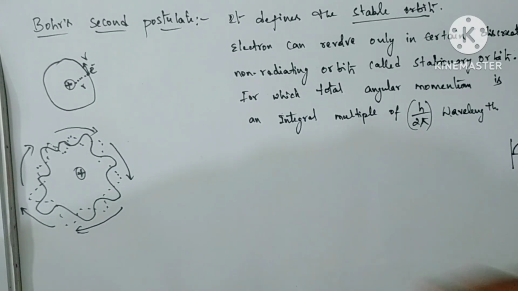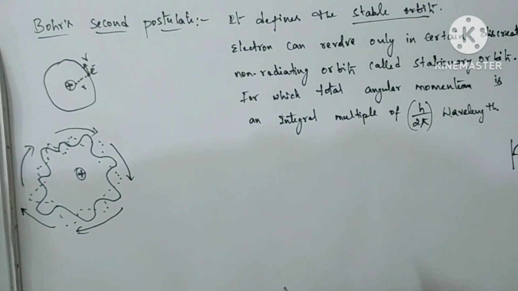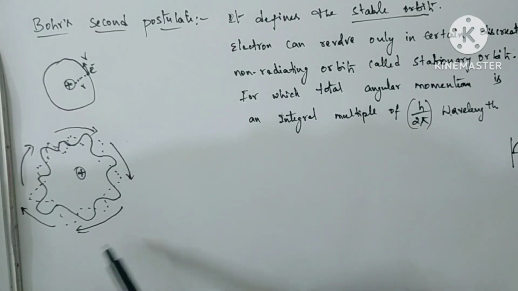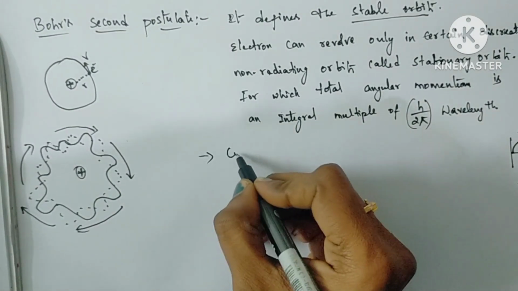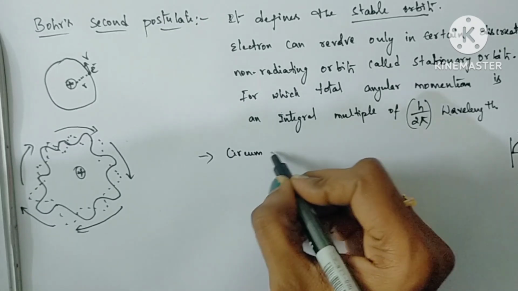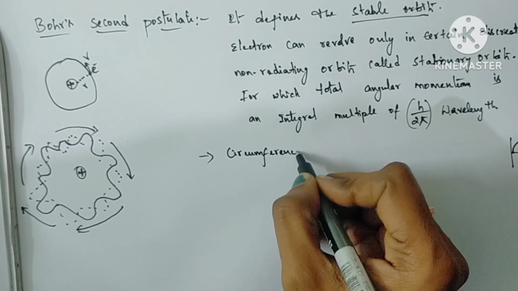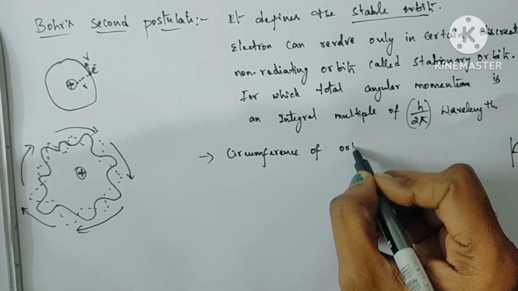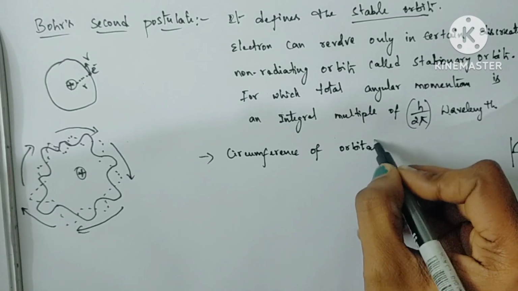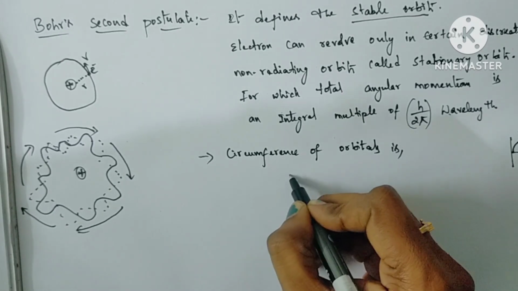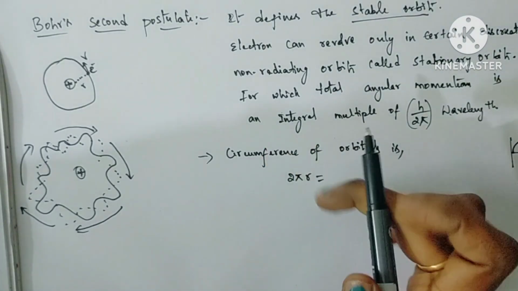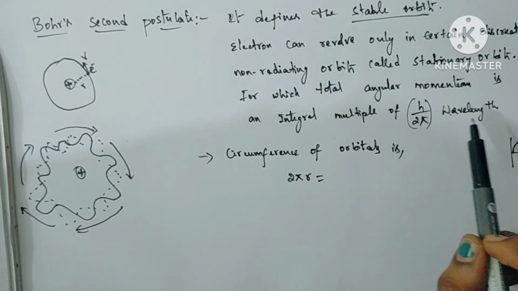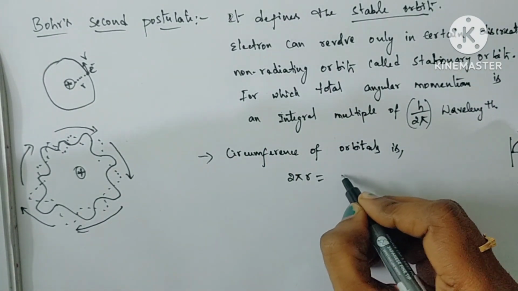What is the angular momentum here? The circumference of the orbit is 2 pi r. So 2 pi r is equal to an integral multiple of its wavelength, that is lambda.